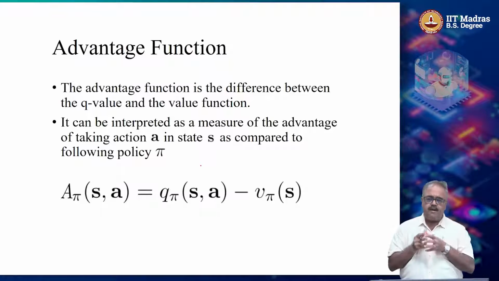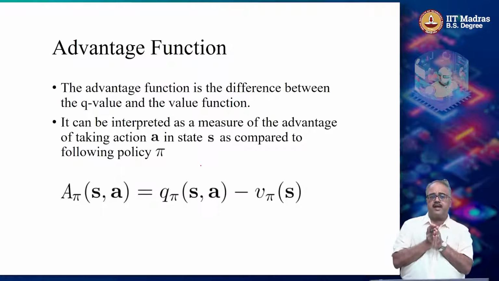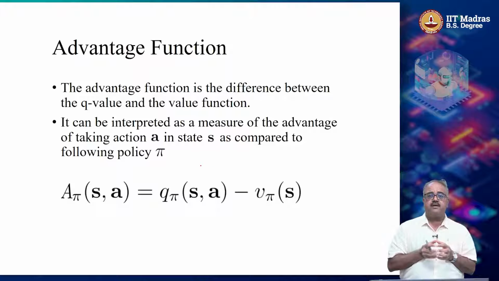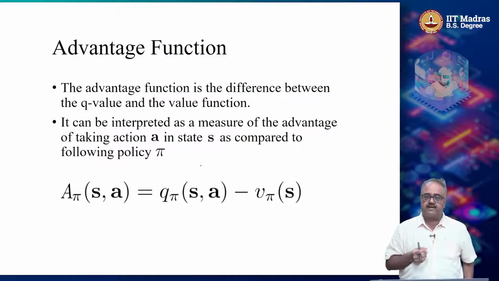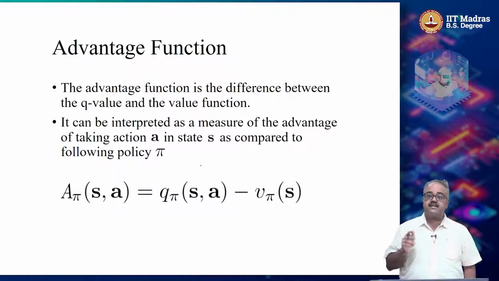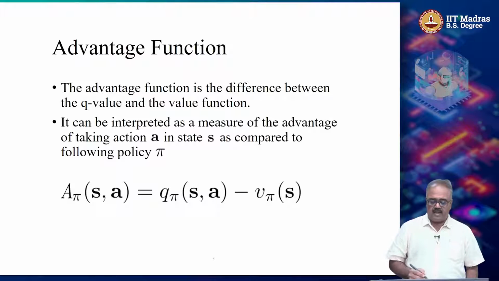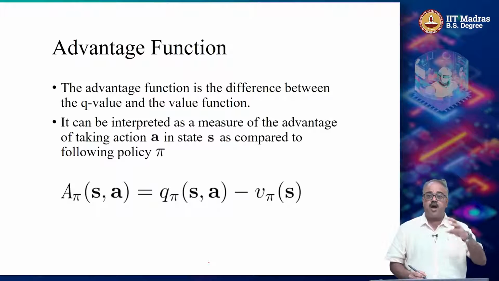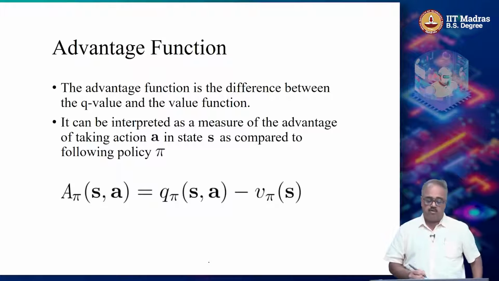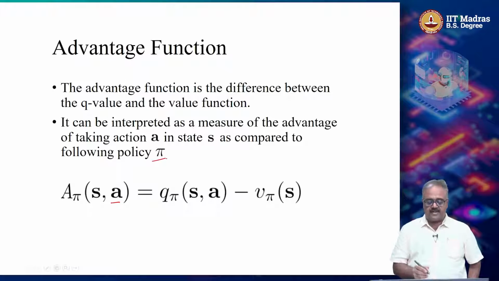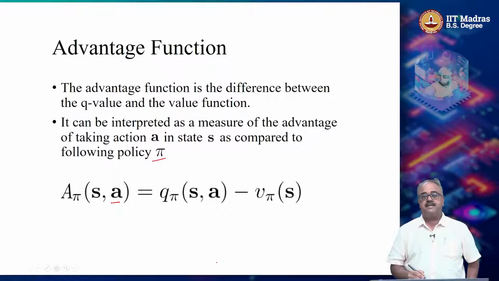So, I am going to now work on introducing this concept of advantage actor critics, right. Some of you remember the advantage function, we saw that already in the dueling DQN architecture, right. The advantage function is the difference between the Q value and the value function. The advantage function is essentially a measure of how much better you can do by doing an action A compared to the action mentioned by pi.